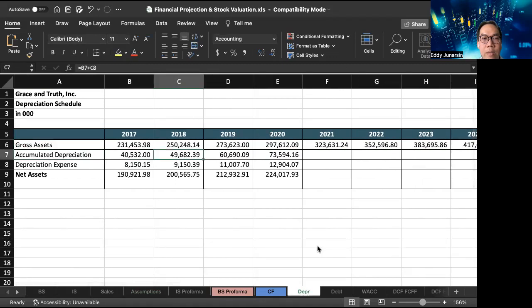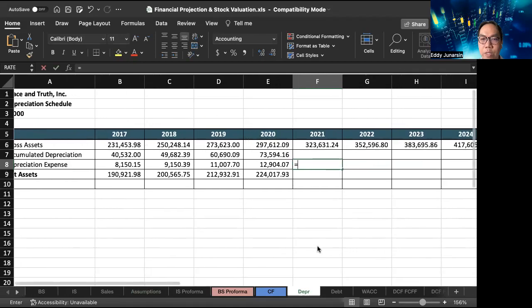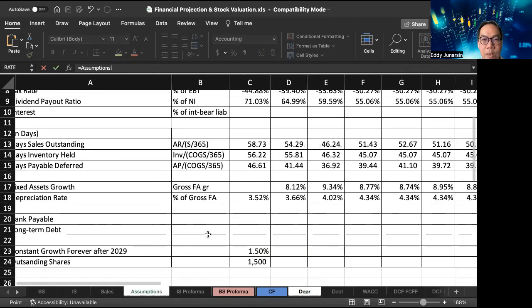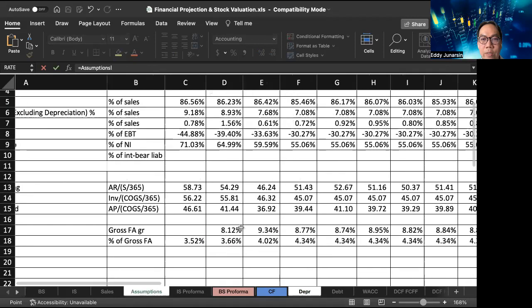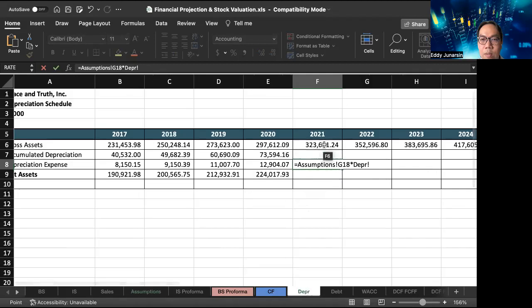Then the depreciation expense. For depreciation expense, we maintain the ratio. I see here depreciation expense, we got the ratio here. This is the depreciation rate 2021. It's 4.34% of the estimated gross assets in 2021.